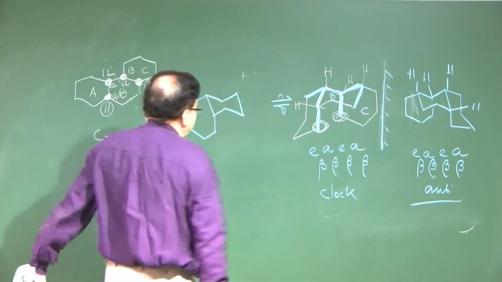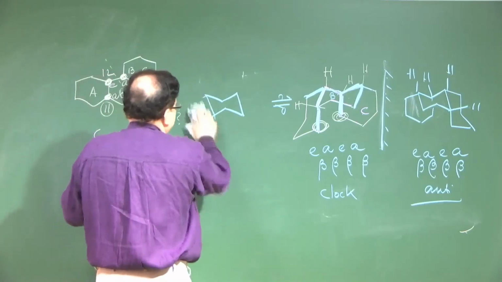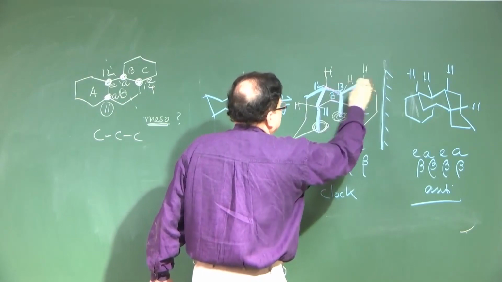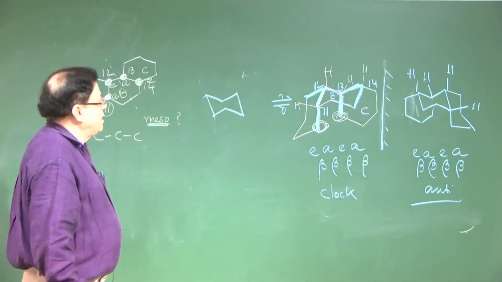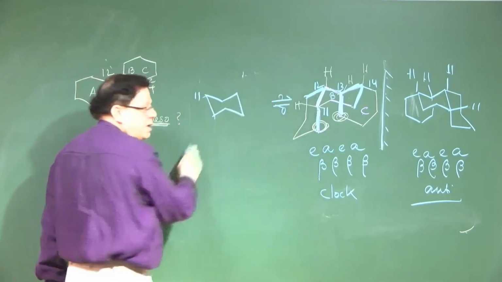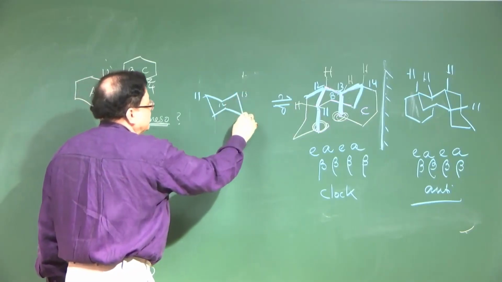Better number it because that will make it more clean, no chance of mistake. So, 11, 12, 13, 14. So, where is 11? 11 is here because you are taking it up, and then where is 12? 12 is here, then this is 13 and this is 14.